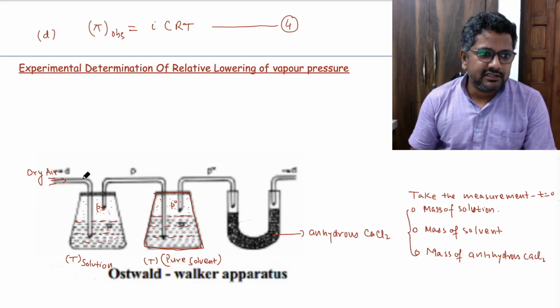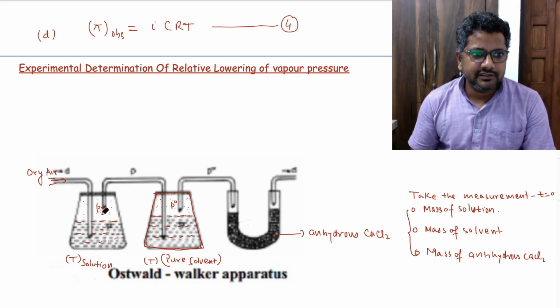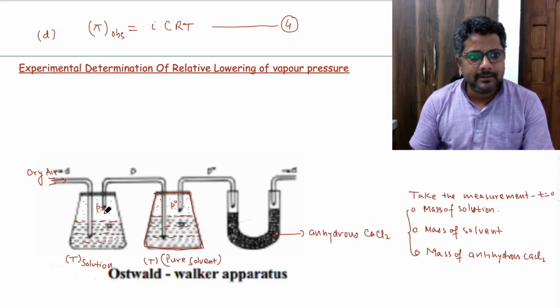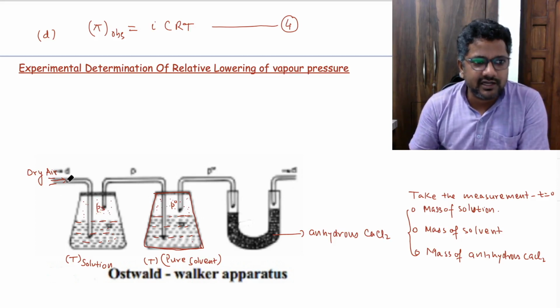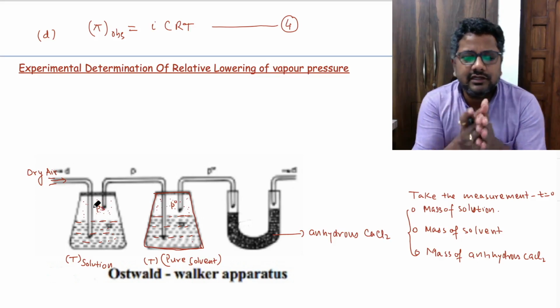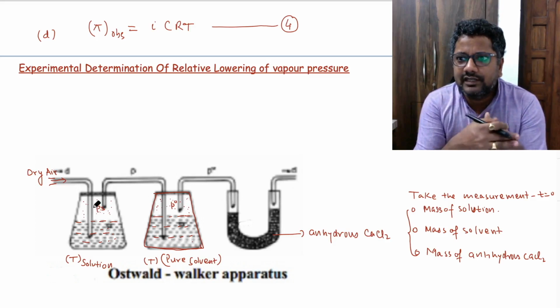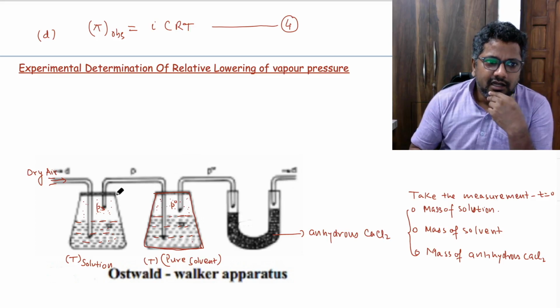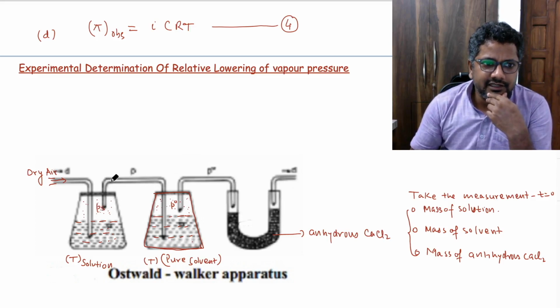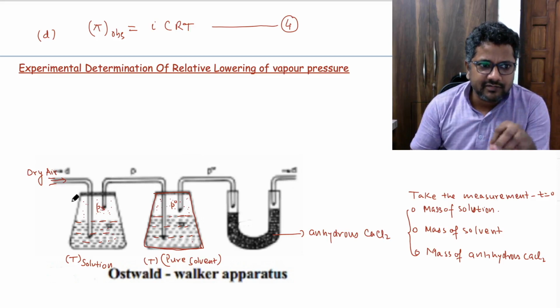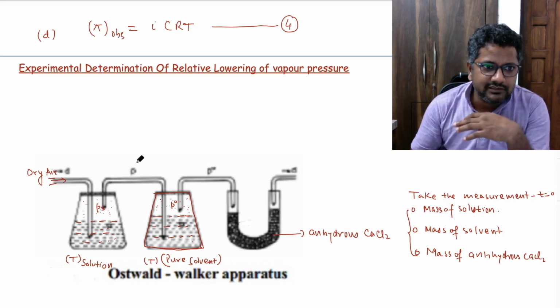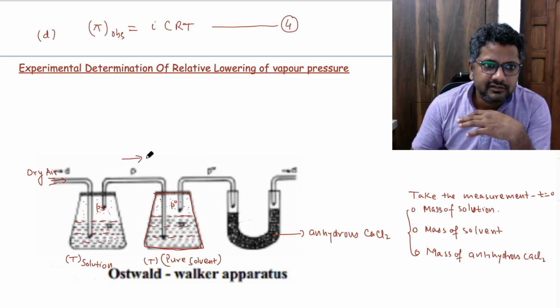So when you pass this dry air, the water vapors, whatever is the vapor pressure of the solution, saturate the dry air. But the maximum quantity it can saturate is equal to its vapor pressure, not more than that, because at a given temperature vapor pressure is fixed. And after that, this air we are continuously pressurizing from this side, so this air will flow like this.